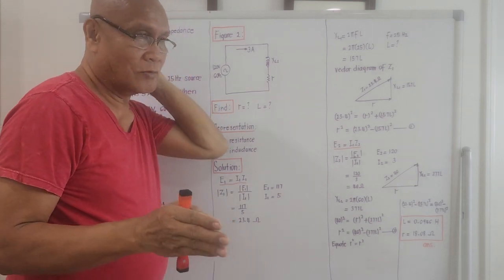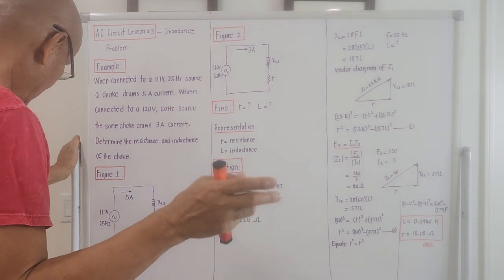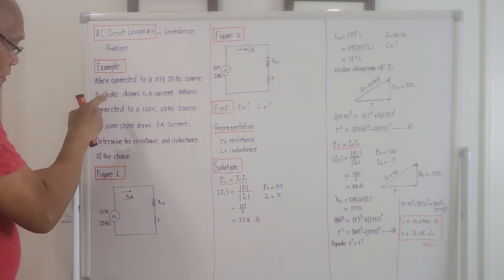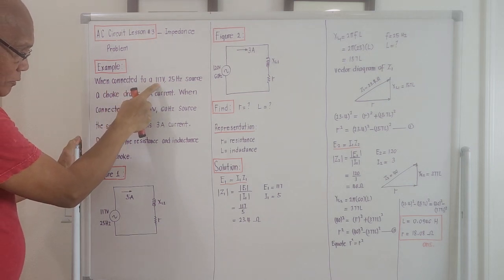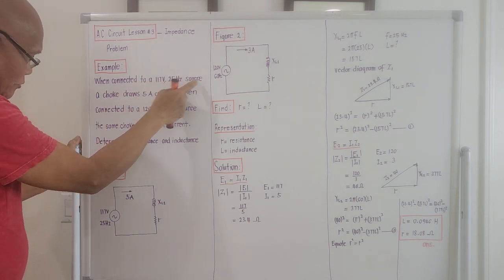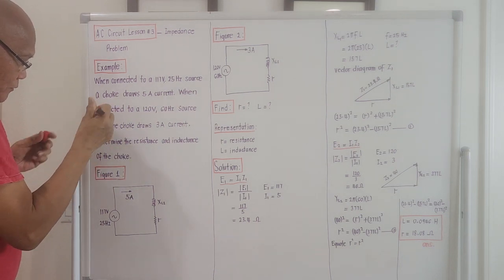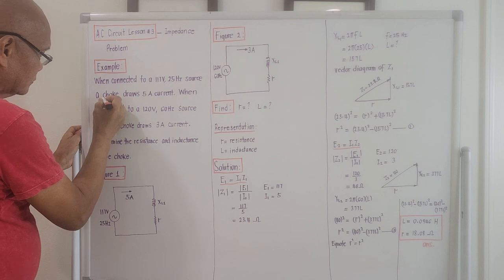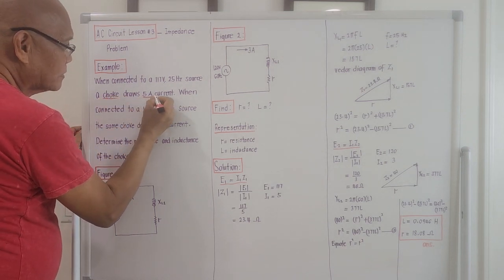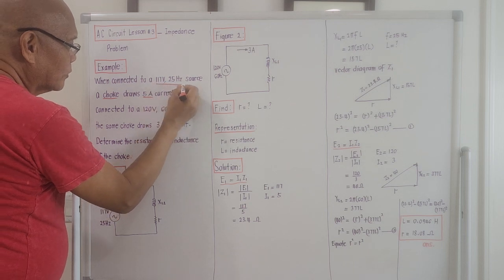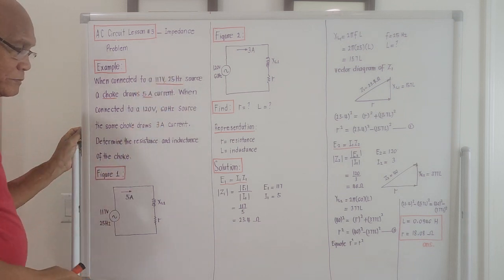I will try to give you an example problem. I will read the problem. When connected to a 117 volt 25 hertz source, a choke draws 5 amperes. It draws 5 amperes when the voltage is 117 and the frequency is 25 hertz.